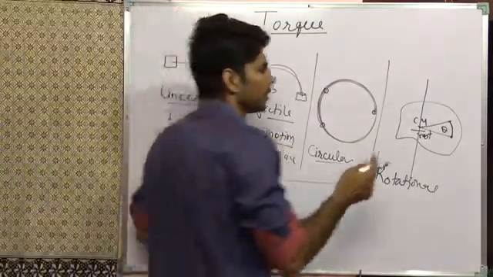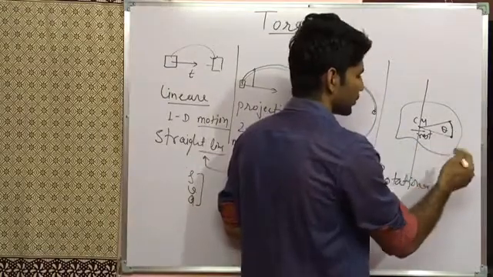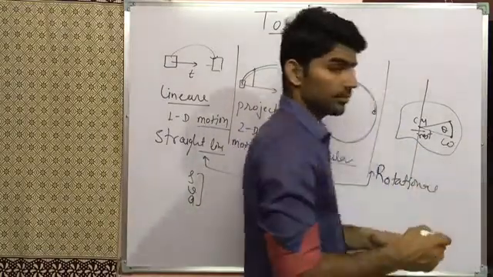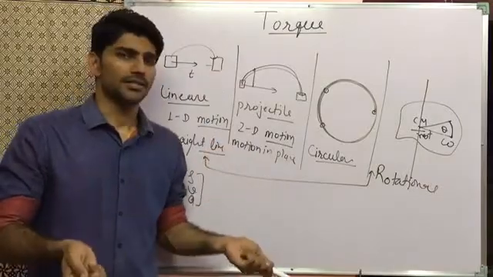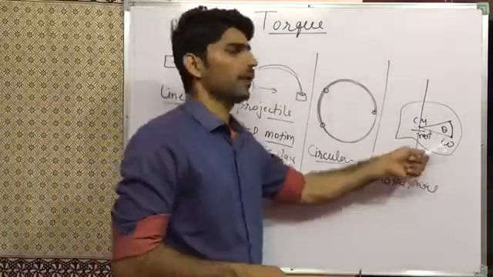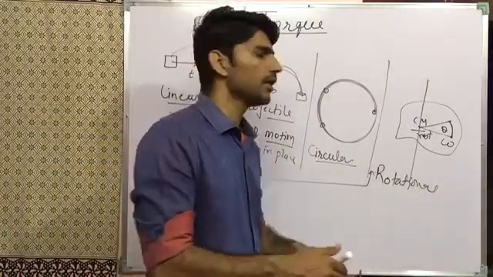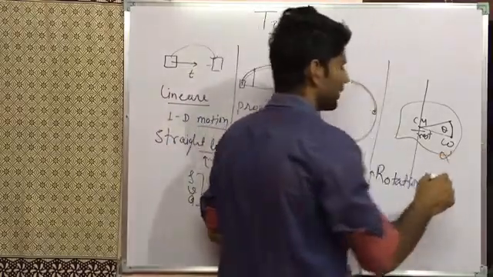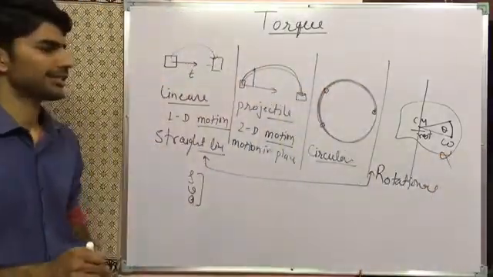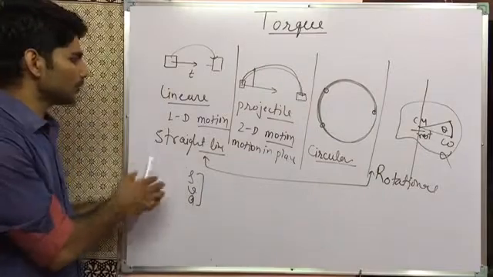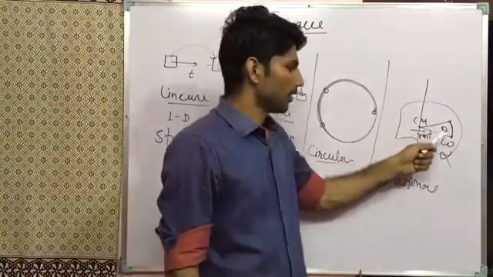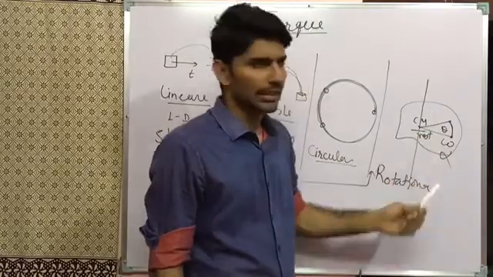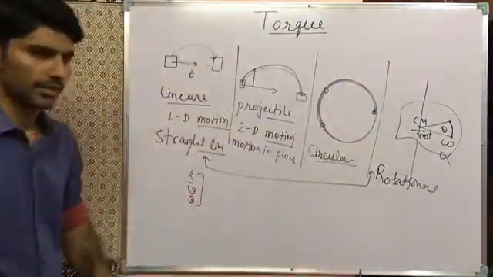And if this displacement is changing with respect to time, then here comes the angular velocity omega, which explains the change in displacement. And if omega is changing continuously with respect to time, then we explain it by the angular acceleration alpha. So in linear motion we have displacement, velocity and acceleration. Here also we have displacement, velocity and acceleration. All three things are here.